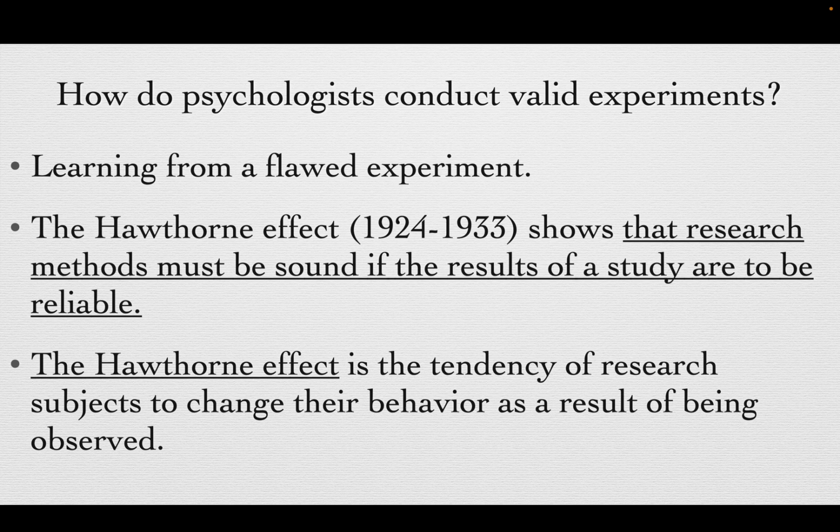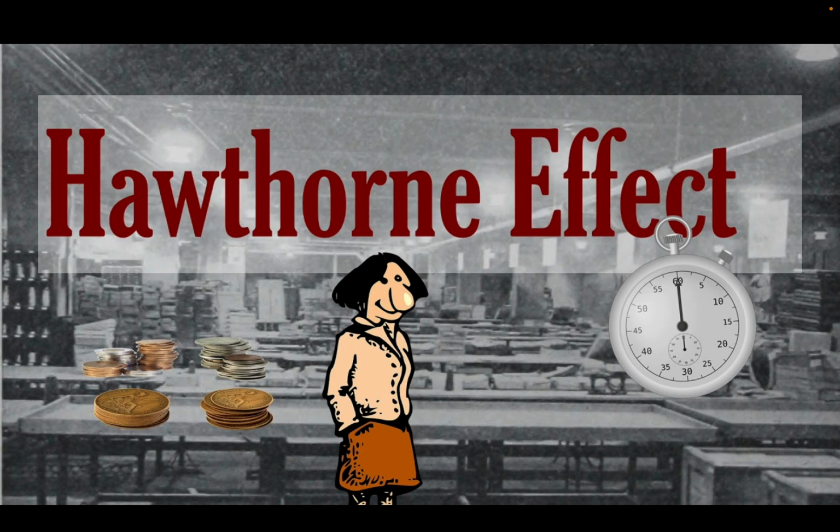Whereas our ancestors that did not pay attention to their environment and were not aware somebody was watching them, or an animal was watching them, or even other hunter-gatherers, probably got hurt or even died and didn't pass their genes on. So remember, a lot of our brain works just like our ancestors' as hunter-gatherers a couple hundred thousand years ago. Our brains haven't evolved that much, but they have evolved. So let's watch what happened during the Hawthorne effect.